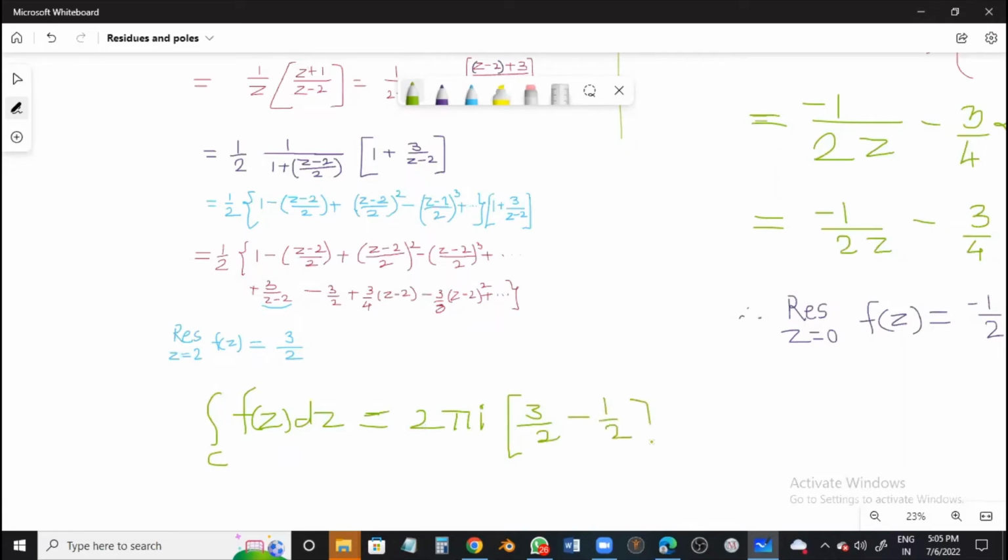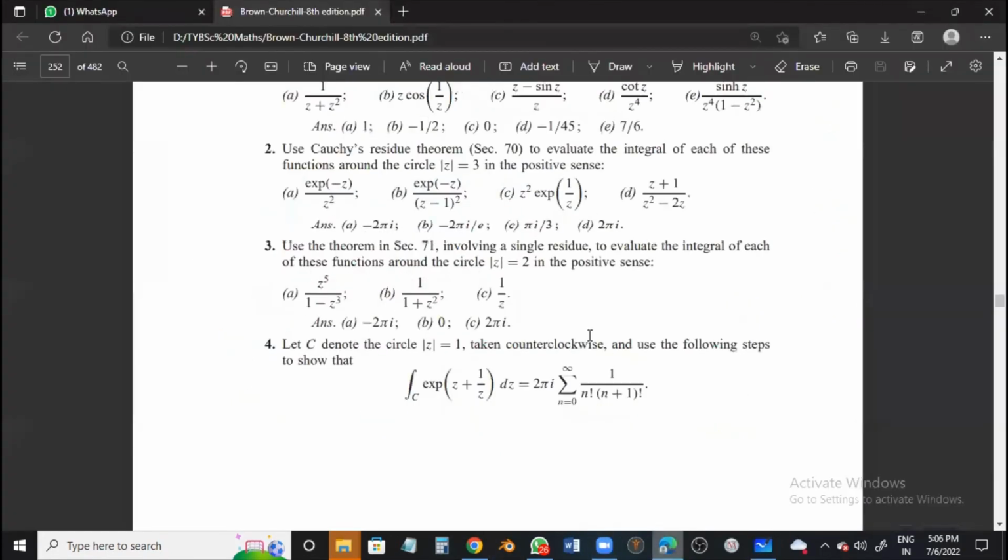So what is the answer? Got it? We are adding the residues, 3 by 2 and minus half. The addition is 1. So the answer is 2 pi I.